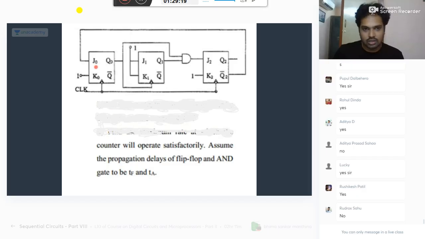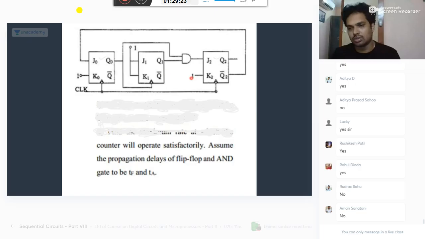See, this Q0 and Q2 will change based on the inputs. Q1 will change when Q0 changes from 1 to 0 because it is negative edge triggered connected in the toggle mode.